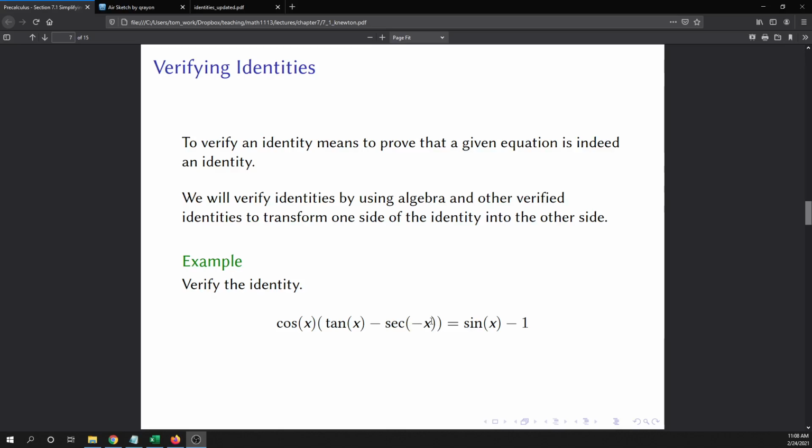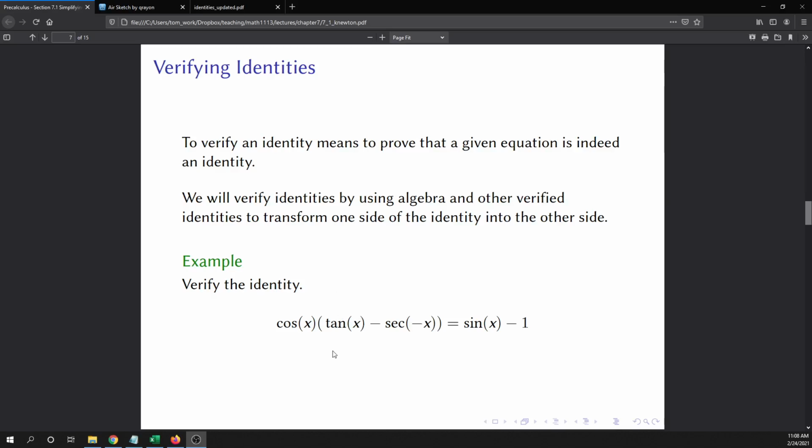You can't really solve it out because you'll have infinitely many solutions, and so that's going to probably be fairly complicated, okay? So what you want to do when you verify an identity, rather than trying to solve it, is to use some algebra, simplify some of the expressions in here, and with trigonometry, especially use other identities that have already been verified.